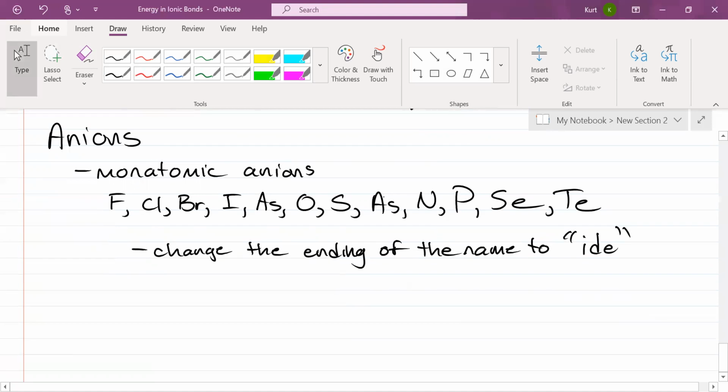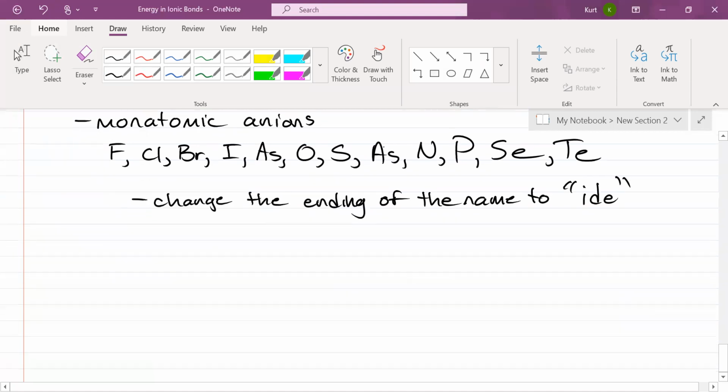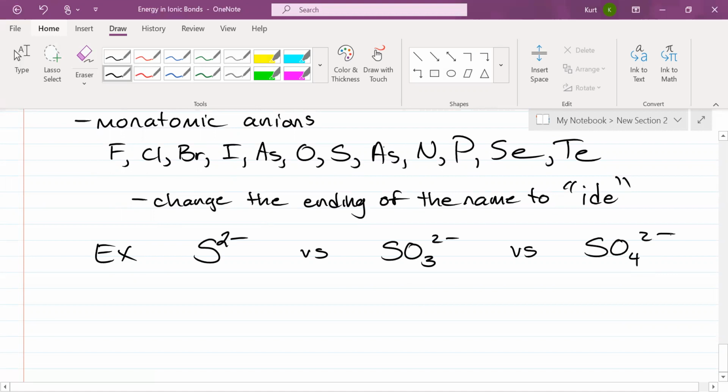And this can actually lead to some issues here. And we experienced some of those issues yesterday. For example, check this out, everyone. What is that ion called? S with a -2 charge. Sulfide.